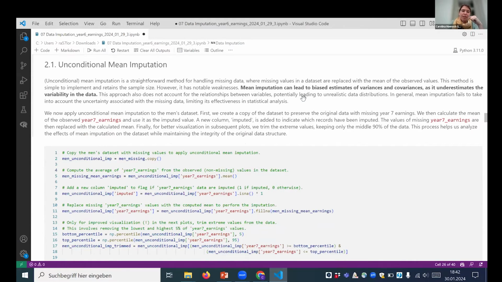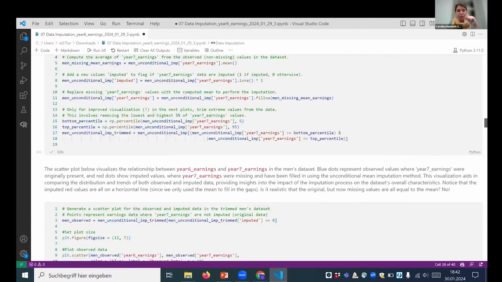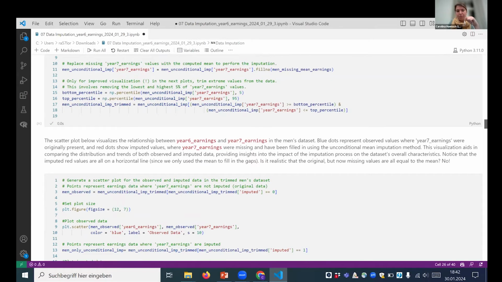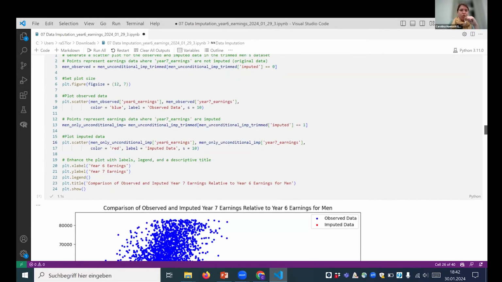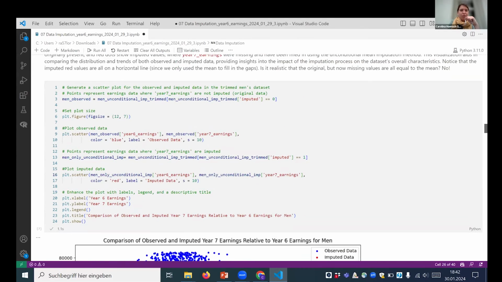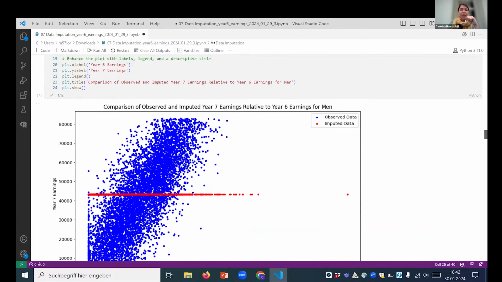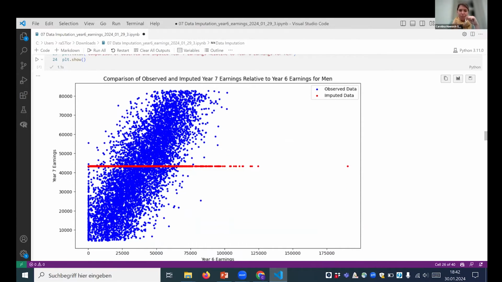So just estimating the mean from the observed values in year 7 earnings and using this for the persons with missing year 7 earnings. And this is done in the code here. So we impute all this and then we create a plot of observed and imputed data.